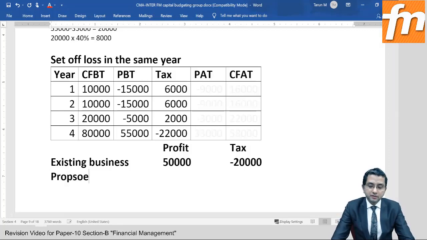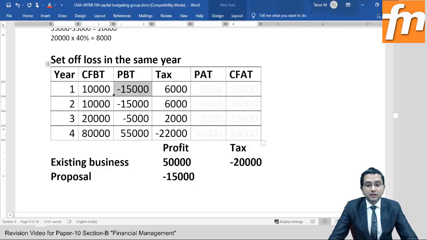But this proposal under consideration has a loss of 15,000 rupees.